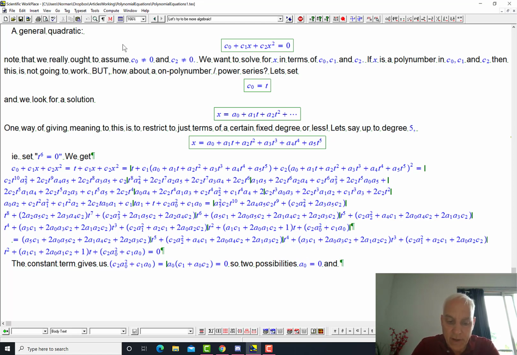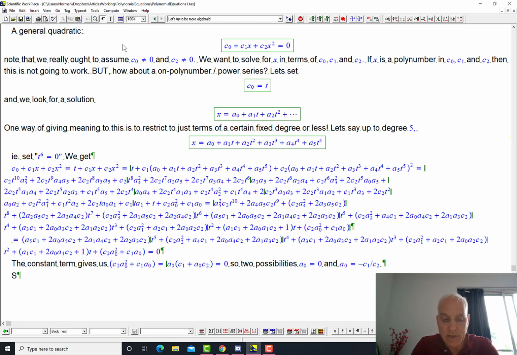And the other one is a linear equation, so a sub 0 equals minus c sub 1 divided by c sub 2. Recall that we've agreed that c sub 2 is not 0, so that quotient does make sense. These two possibilities provide a fork in the road. There are going to be two kinds of solutions that we can generate, one from each of them. So let's look at the simpler one first.